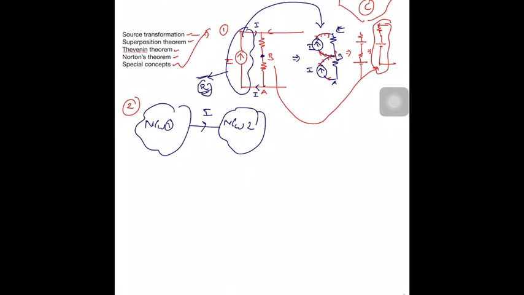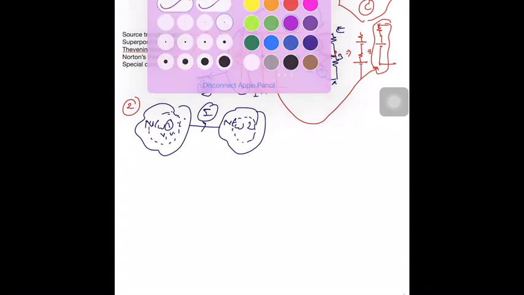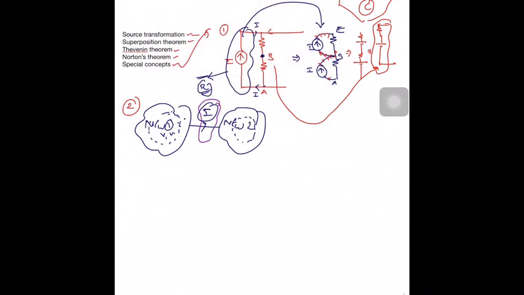To confuse you, they will provide whatever complex network here and here, and give some voltages V1, V2, 10, 2, 3 and so on, and ask to find current I. See here carefully: current flows in a closed path, right? Current flows in a closed path. Since the current is flowing from network 1 to network 2, it needs one more path to make it closed. But here the closed path is absent, so the current I is equal to 0.